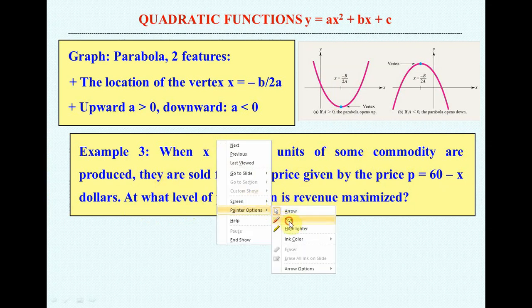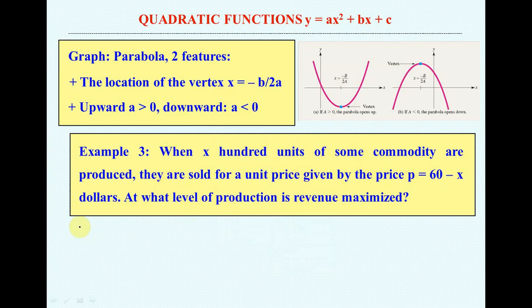We can compute the revenue, we denote it R. This will be the price multiplied by the quantity. So substituting p equals 60 minus s, you will have the revenue function is that one.